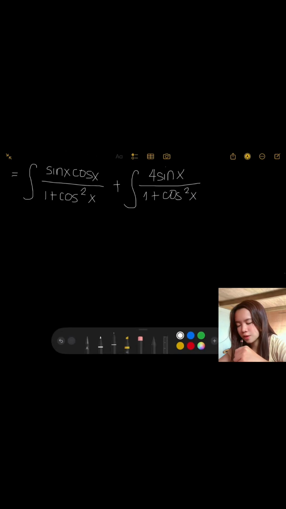So we will first integrate this one. Let u equal cos x. Our du is negative sine x. So this will become negative integral of u over 1 plus u squared du.